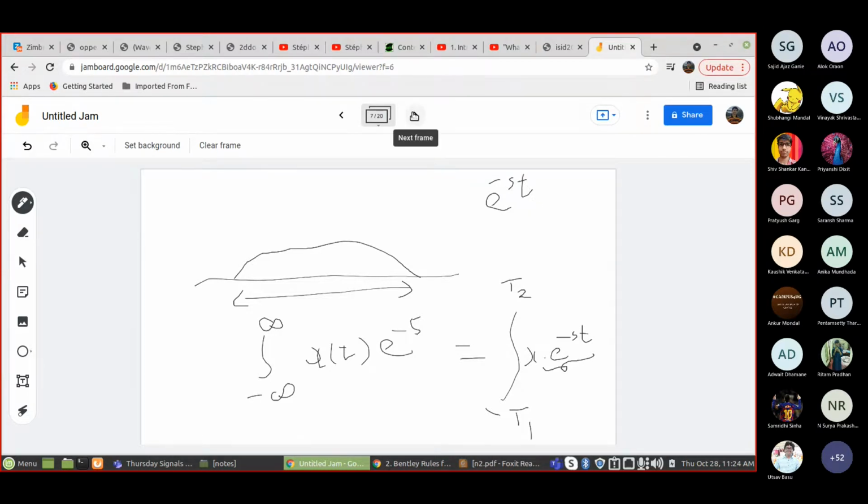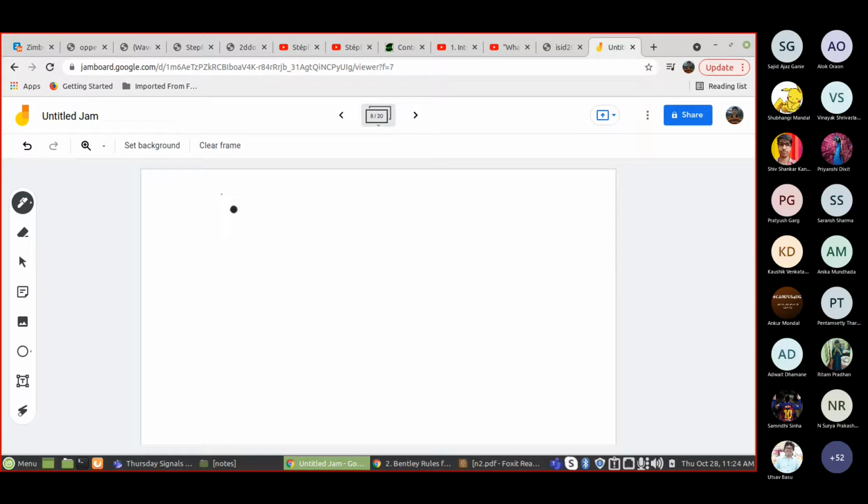Complex exponentials, I cannot draw them, I can only draw real exponentials. So even if they are growing or decaying, if you restrict them to some finite interval, this integral is always finite.